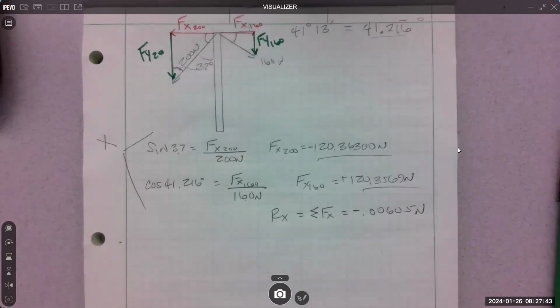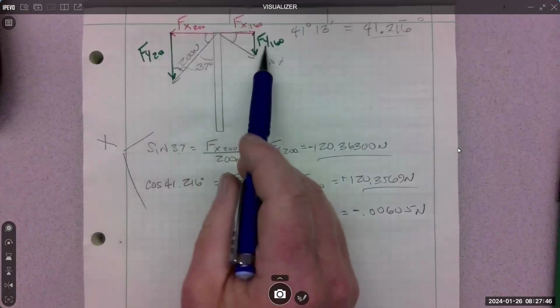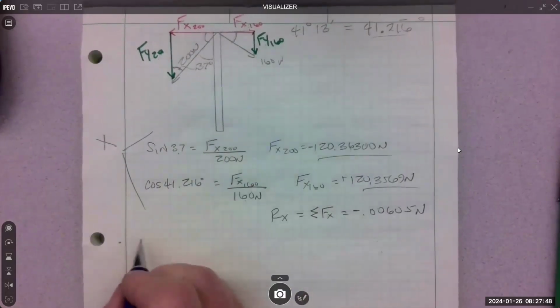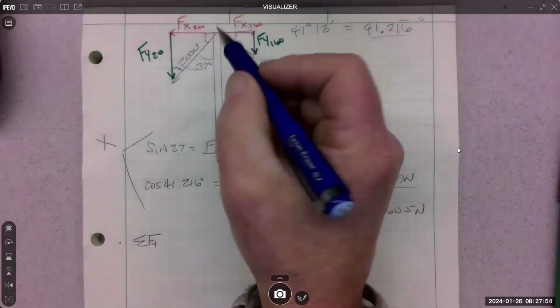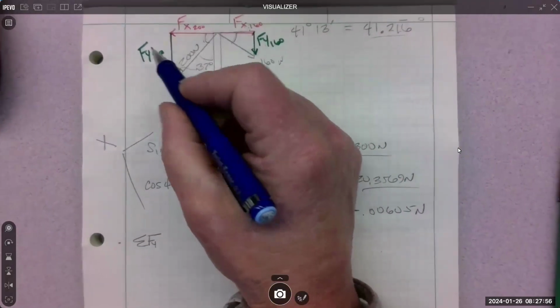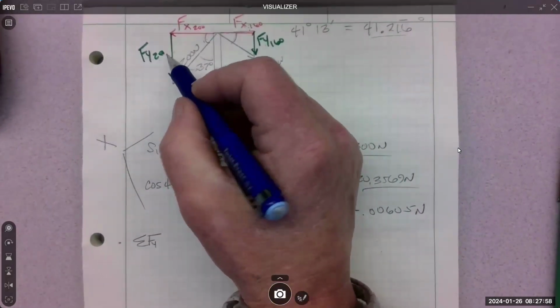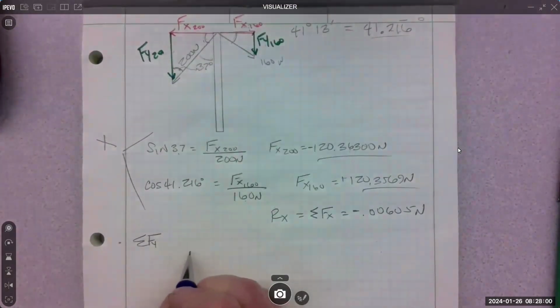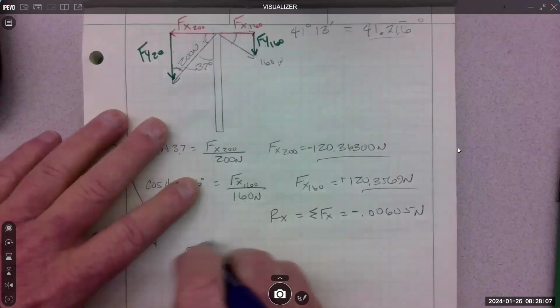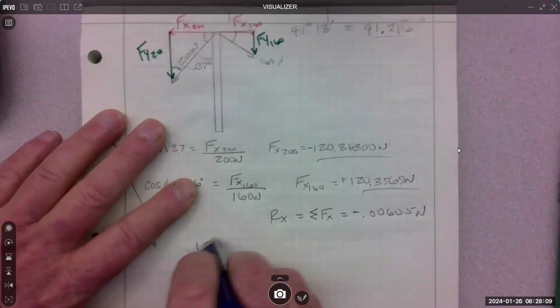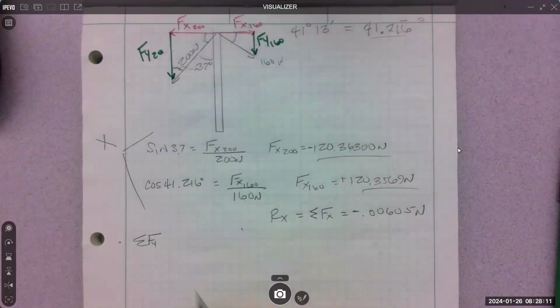All right, so then we do the same thing for the y's. Now we're going to do the summation of the y forces. This one is for the y of the 200. It's going to be sine of, oh, I could use the cosine again. I'll use the 37. I don't have to do more math.